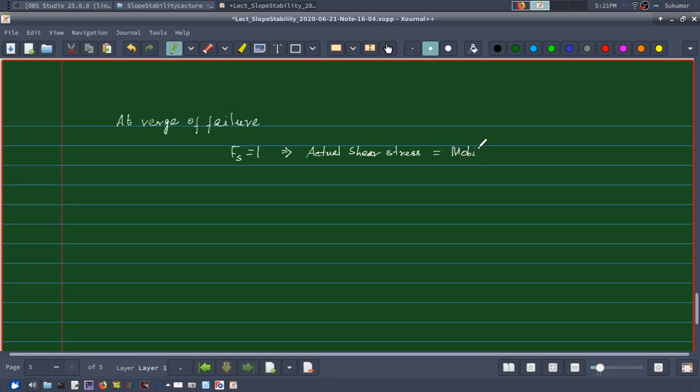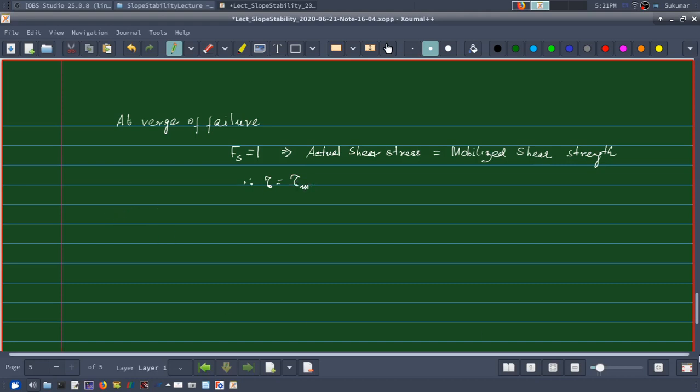That's how the slope will fail. Okay, and therefore I will have tau will be the same as tau m.